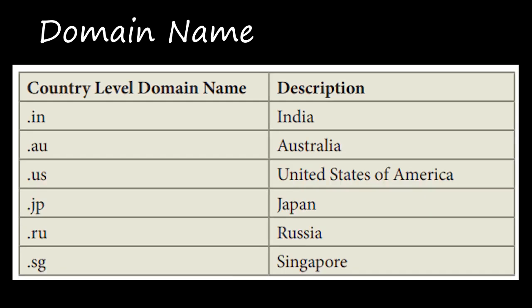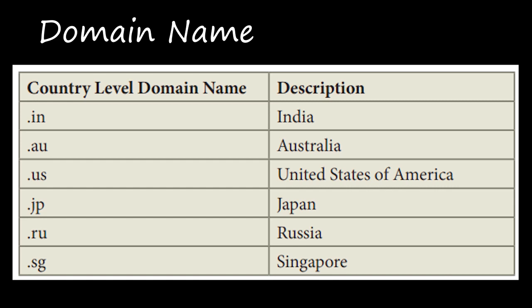Next, let's see what is a country level domain name. .in. You would have used google.com, that is a commercial organization, a generic domain name, and you would have seen google.co.in also. That .in represents the country level domain, right? Country level domain means .in is India. .au means Australia. .us means United States of America. .jp is Japan. .ru is Russia. .sg is for Singapore.